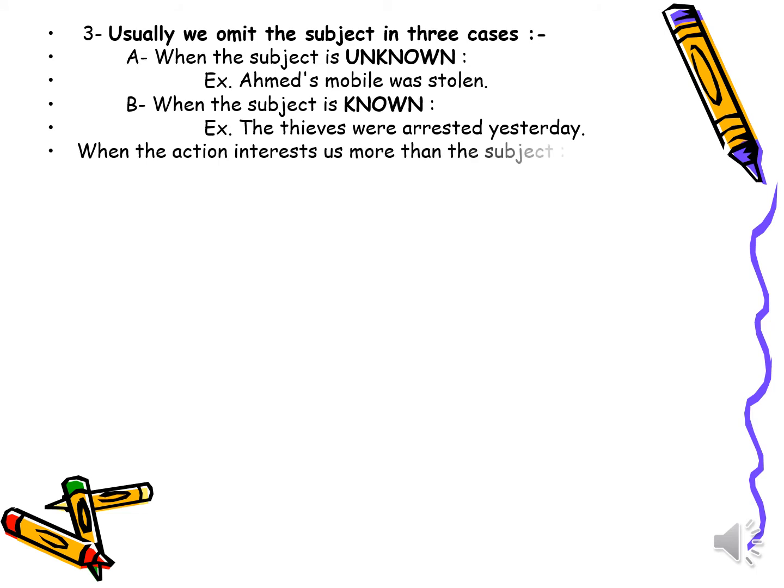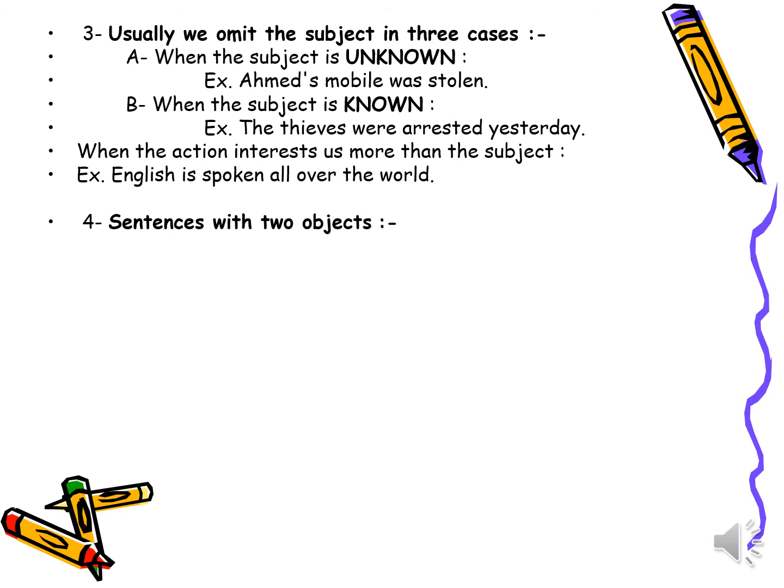Of course it's clear that the thieves were arrested by whom? By the police. Exactly. And as I said before, we focus more on the event itself rather than who or what is responsible for it.